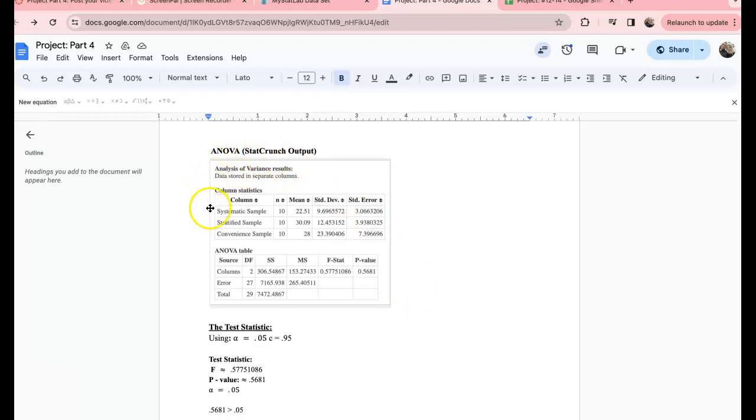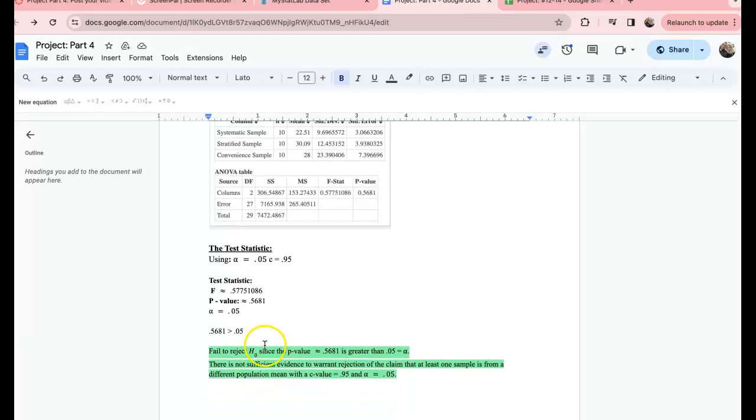That gives you a rundown of all the statistics. We have our systematic sample, stratified, and convenience. That shows us, again, the mean, the total number of values, standard deviation, standard error. Here we have our degrees of freedom and our F-stat and p-value.